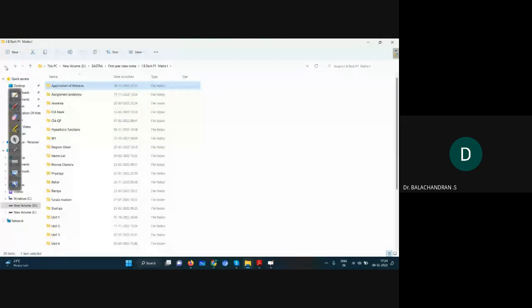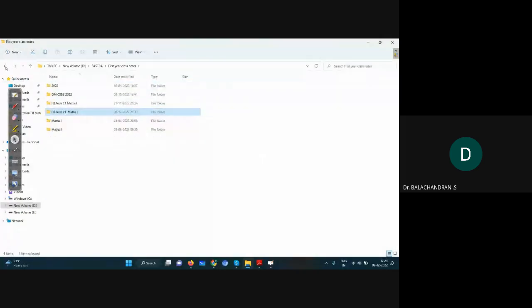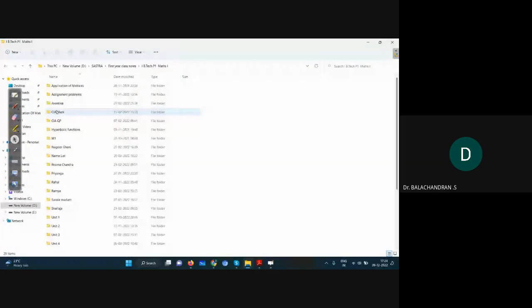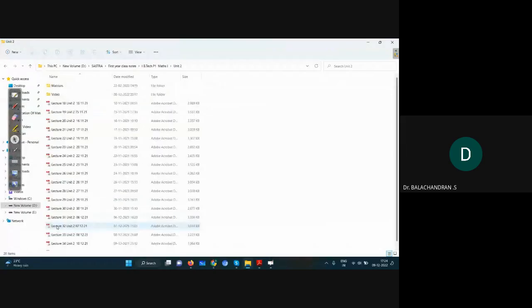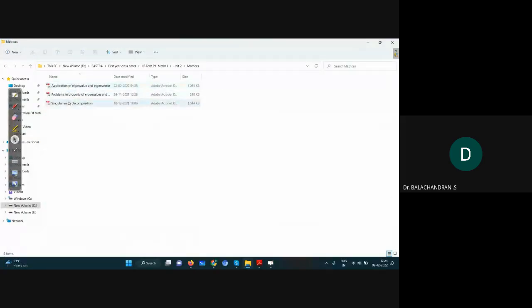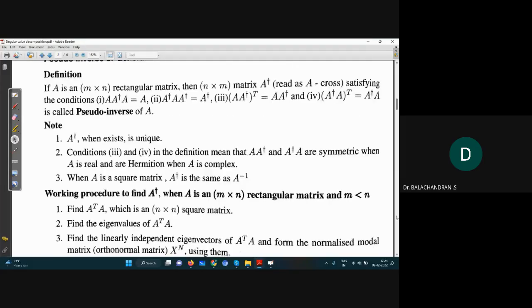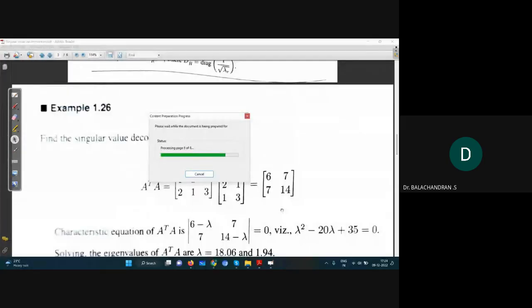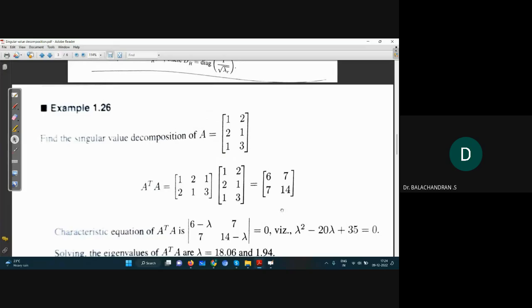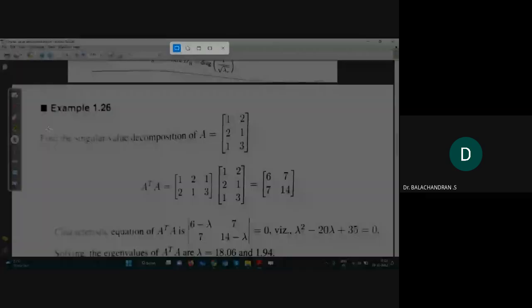We are discussing singular value decomposition. Now try to solve this problem.